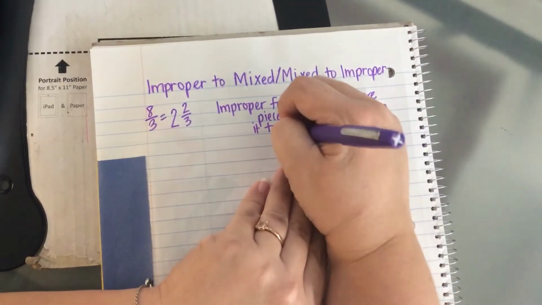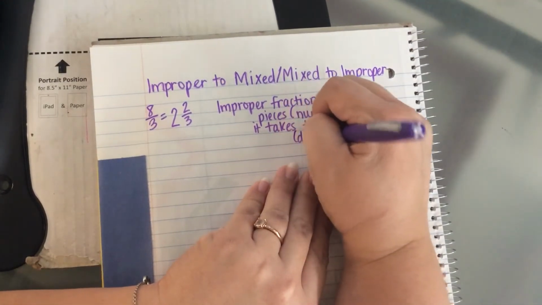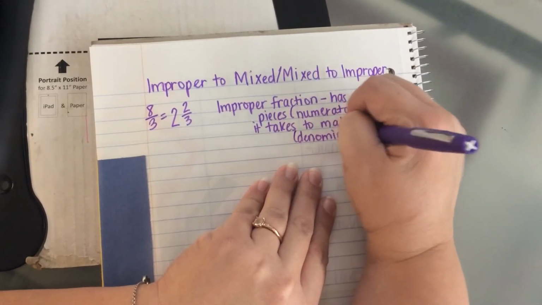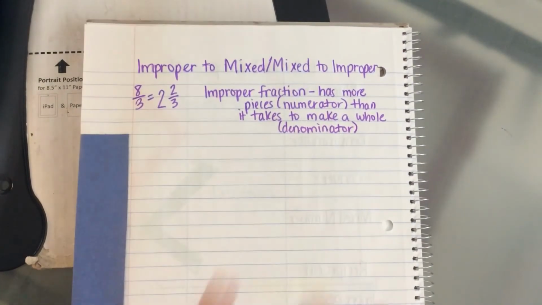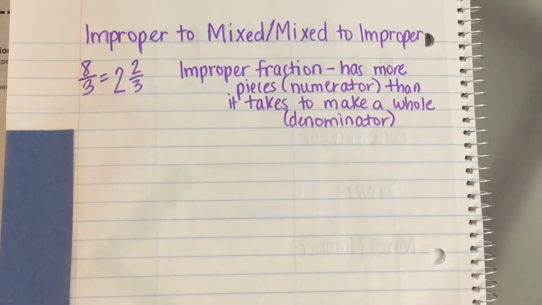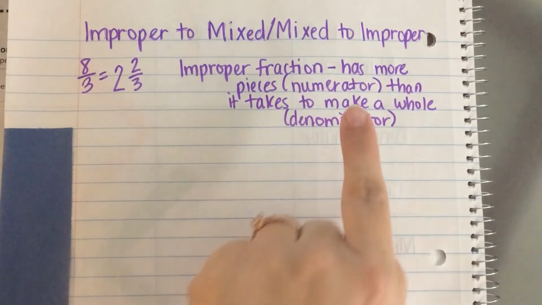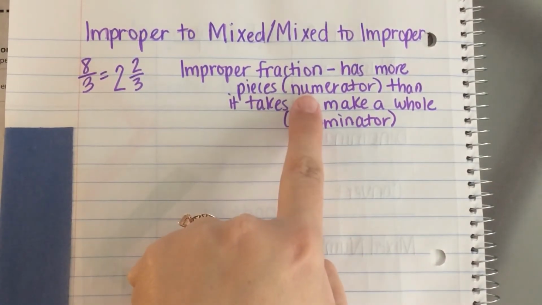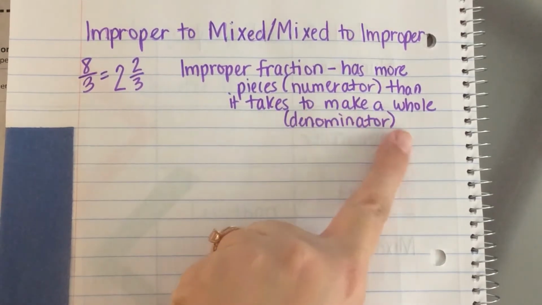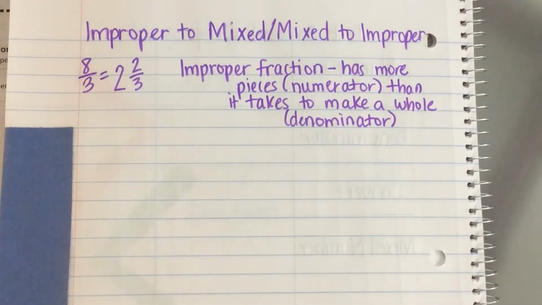And the whole would be your denominator. Okay, I'll zoom in for you. There you go. So it has more pieces, the numerator, than it takes to make a whole, your denominator.